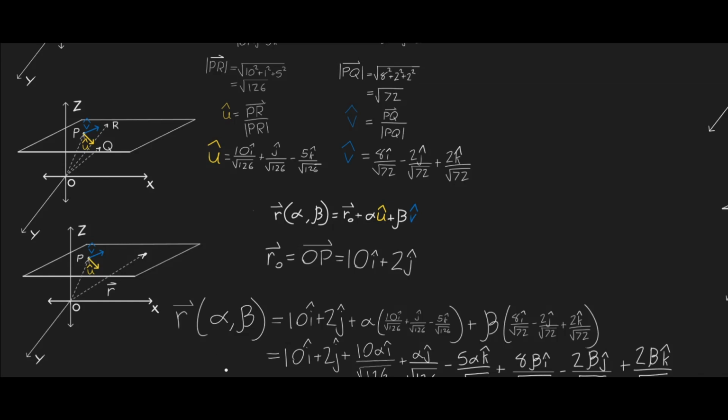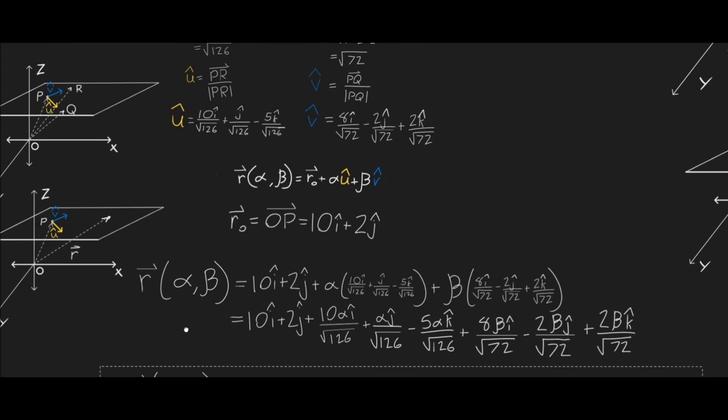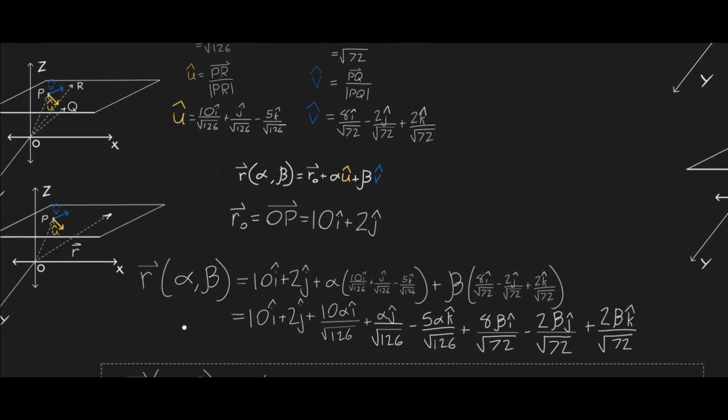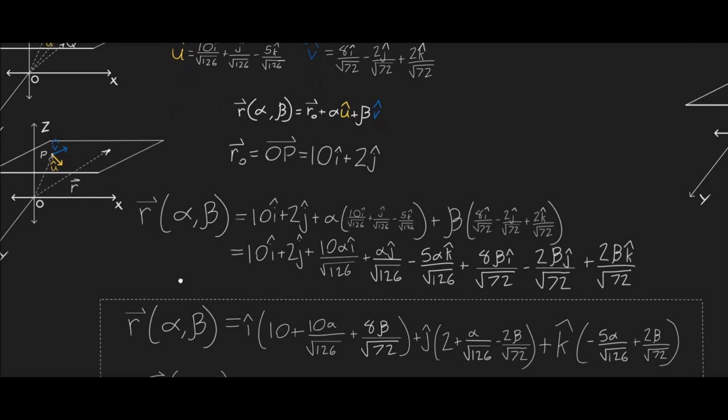So then we can simplify and distribute, and then we can simplify and combine the like terms. So I'm combining all of the I components, all of the J components, and all of the K components. And this will give us this equation for the plane.